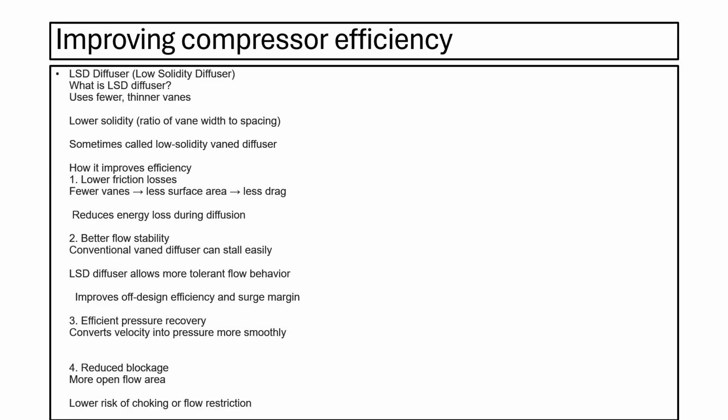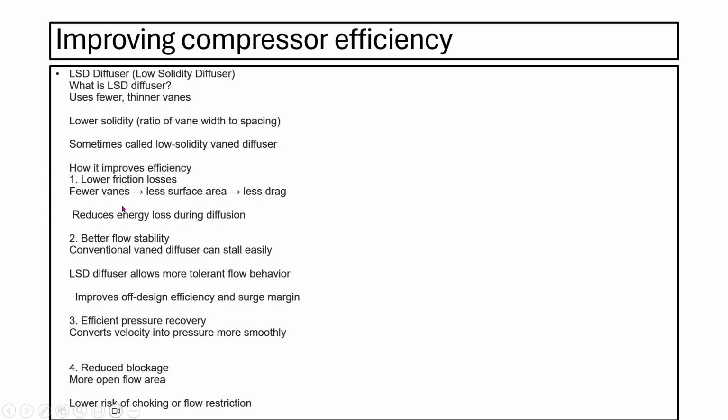Next is improving compressor efficiency by the LSD diffuser. What is an LSD diffuser? There will be very thin vanes at the diffuser; it is called a low solidity vane diffuser.